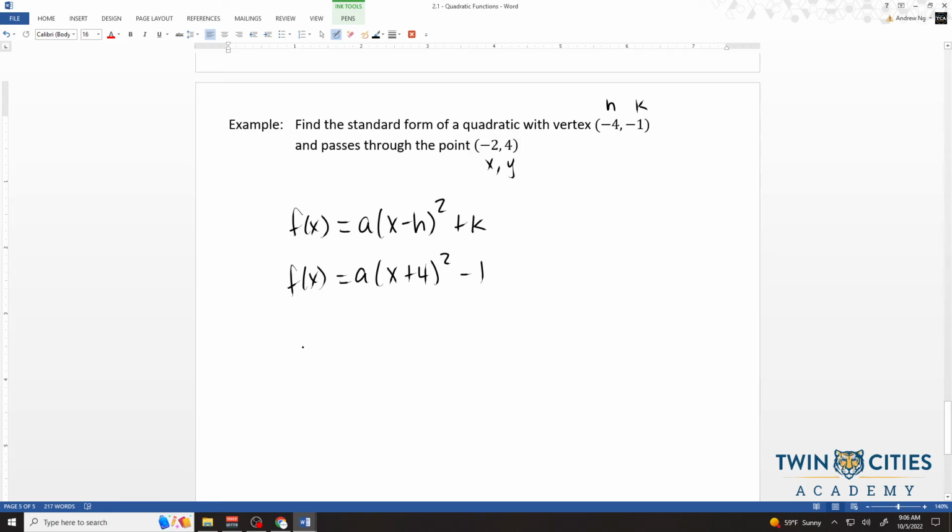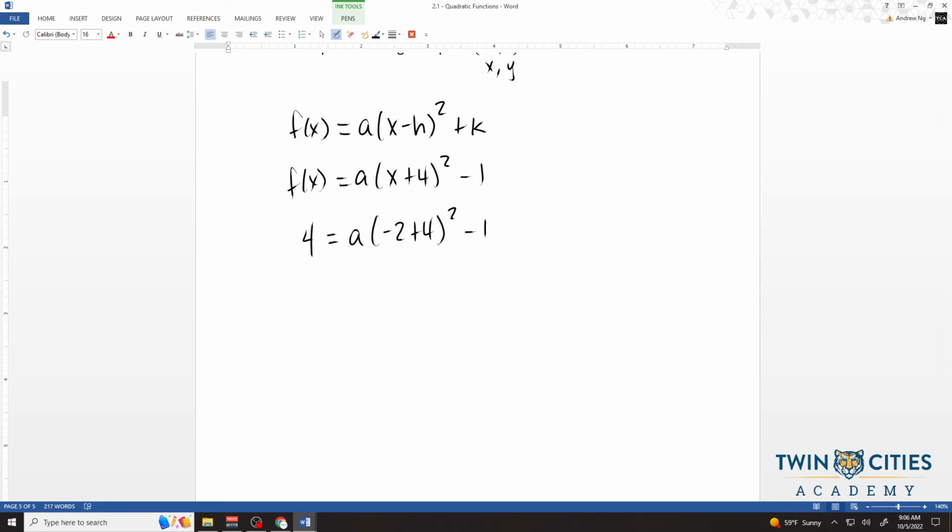So instead of f of x, I can say this is 4 equals a times x is going to be -2 plus 4 squared minus 1. Okay, so -2 plus 4 is positive 2 here, so 4 equals a times 2 squared minus 1. 2 squared is 4, so 4 equals 4 times a minus 1.